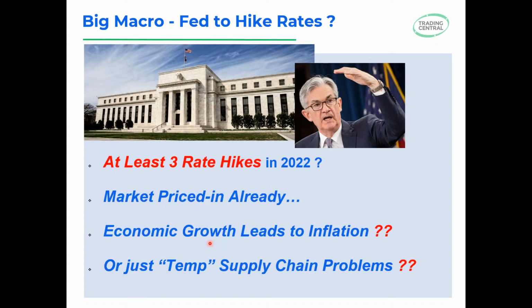And in case economic growth somehow slows in the coming months of the year, will the Federal Reserve be as hawkish as it is now? I don't think so. They have to back down. Now the market has already priced in at least 3 interest rate hikes. What if they say they are going to increase interest rate in March?